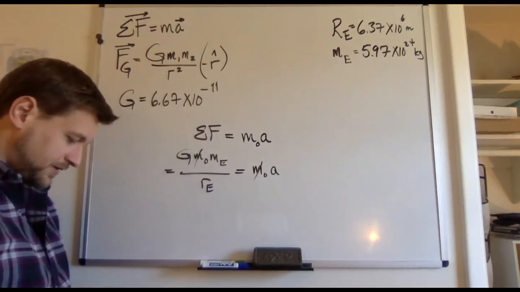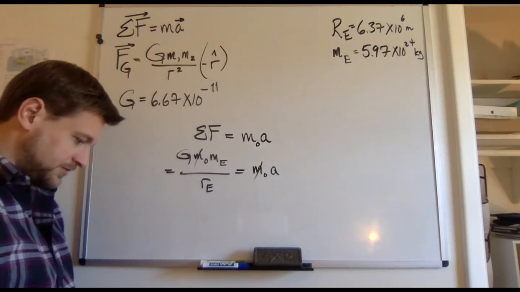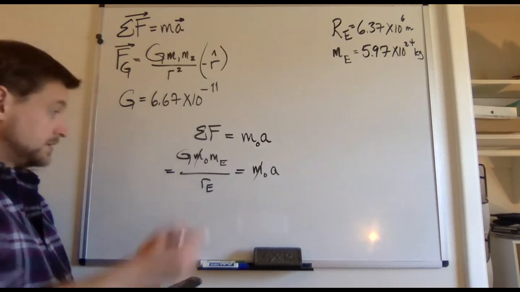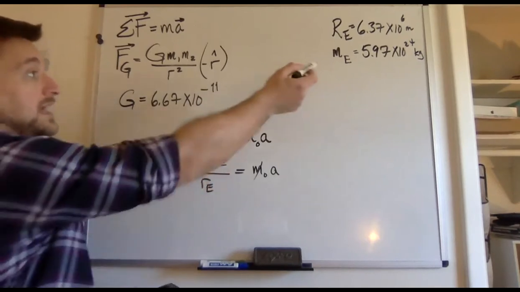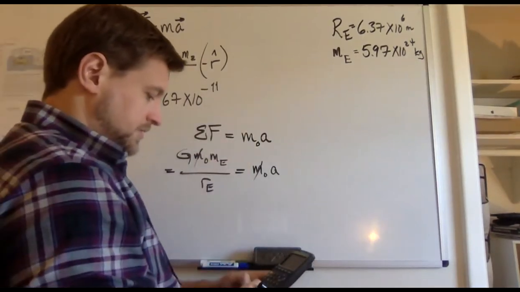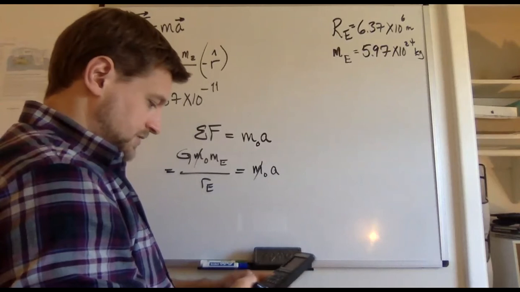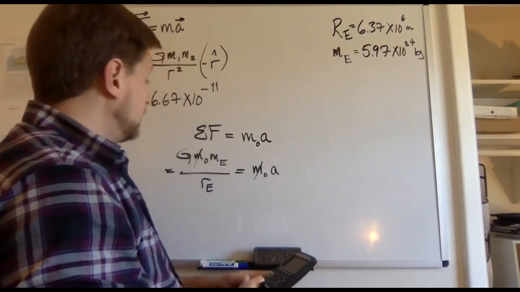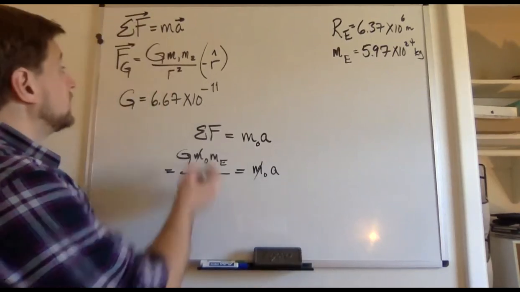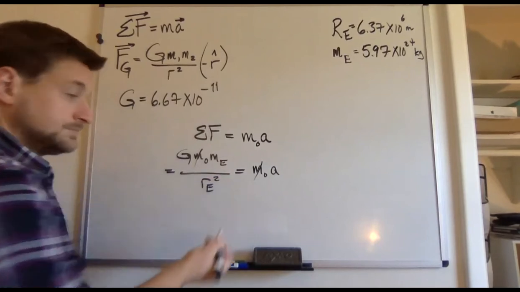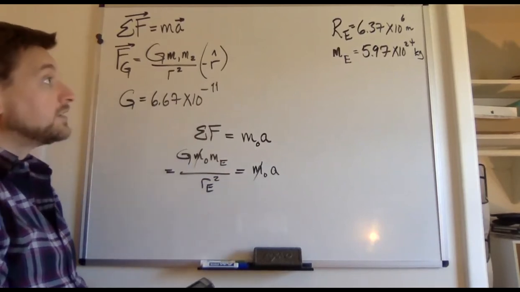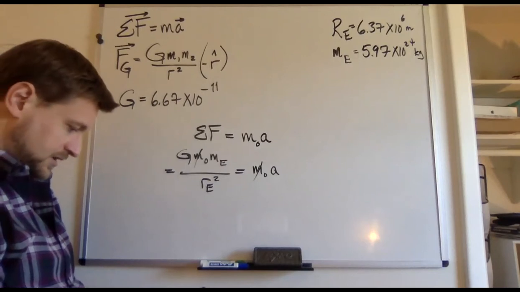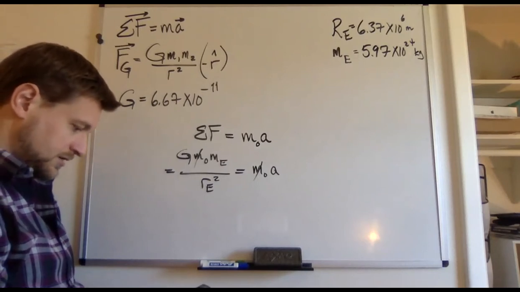It's a really fun thing to see happen. 6.67 times 10 to the negative 11 times the mass of Earth, 5.97 times 10 to the 24 divided by, oops, I'm sorry, I forgot a square. The radius of the Earth, 6.37 times 10 to the 6 squared.